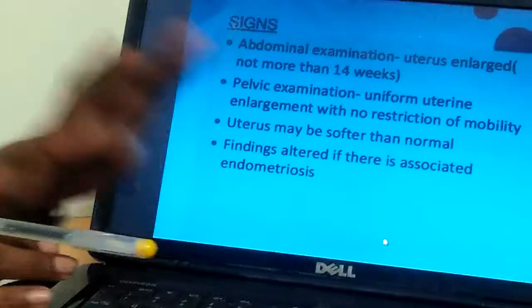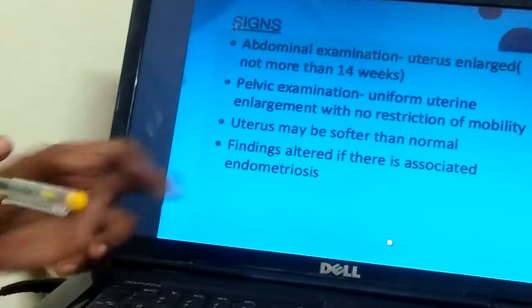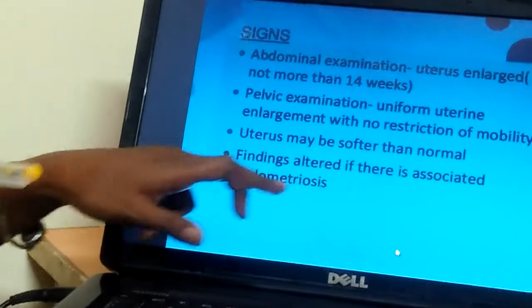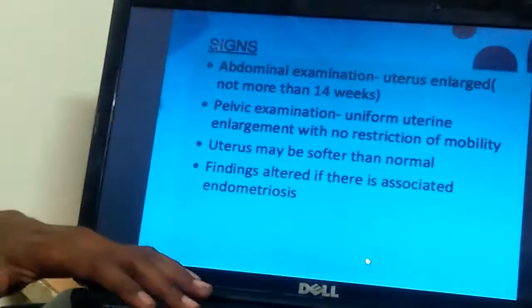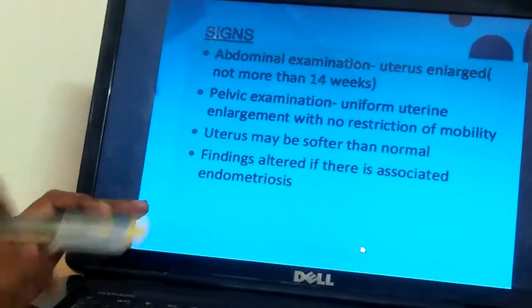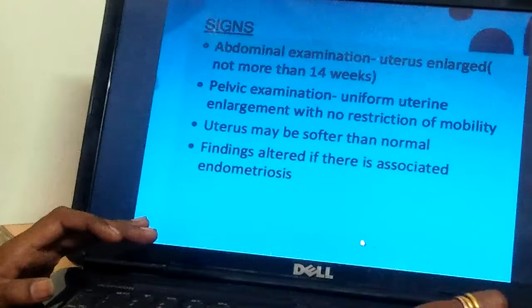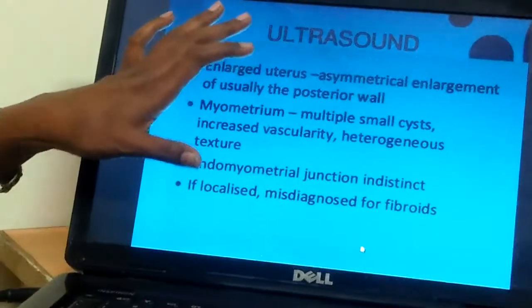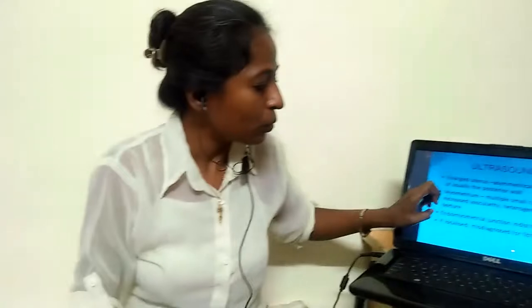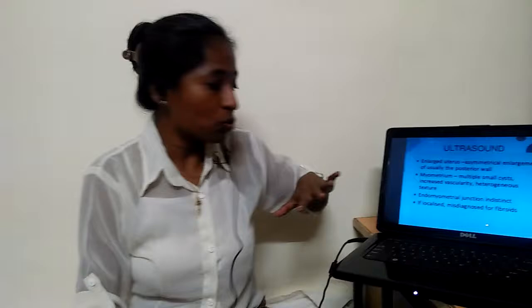The uterus may be softer than normal, that is, of filled consistency, and findings are altered if associated with endometriosis. If endometriosis is there, the symptoms of endometriosis are present, that is cyclical presentation everywhere, as we know. On ultrasound investigation, it is an enlarged uterus with asymmetrical enlargement, mostly of the posterior wall.